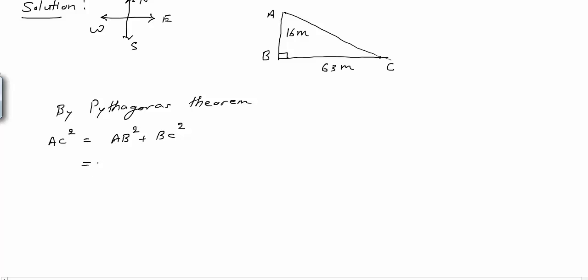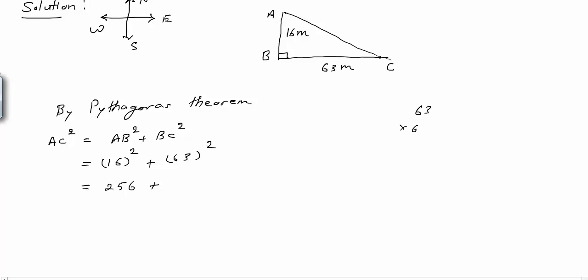Now the value of AB is 16, so I will say 16 square plus 63 square. 16 square is 256, and 63 square, so here we do a small rough work.